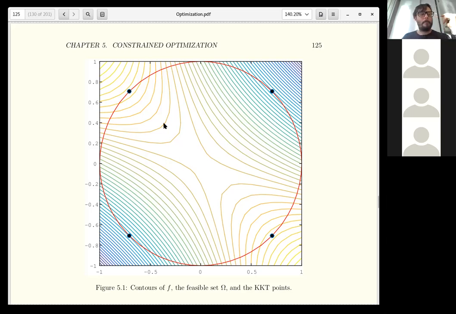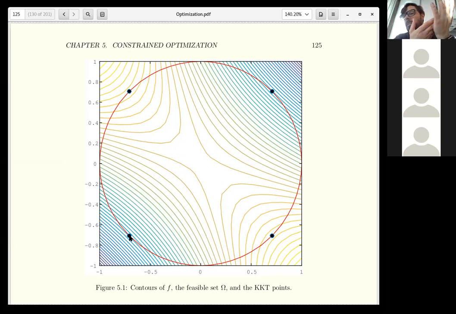The reason is, in this picture, this quadratic function, those contours are written here. A contour of a function is simply the line along which the function's value is constant. So these points are in fact points where the exact contour line is parallel to the circle's arc.